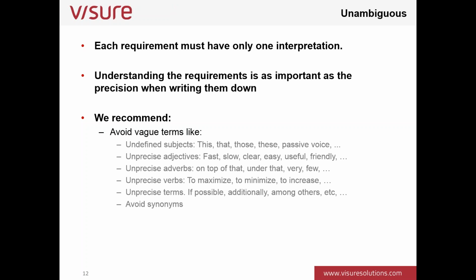So, for example, saying things like "the system shall have a user-friendly interface" is exactly as saying nothing, because user-friendly doesn't mean a thing. What's the meaning of that? That the system is going to be my friend? It doesn't make sense. I cannot say that the interface is going to be user-friendly.